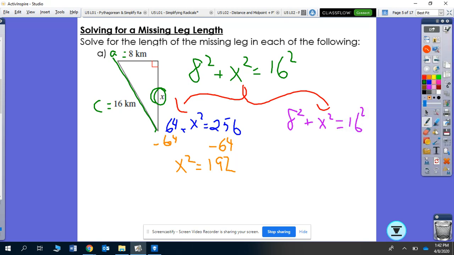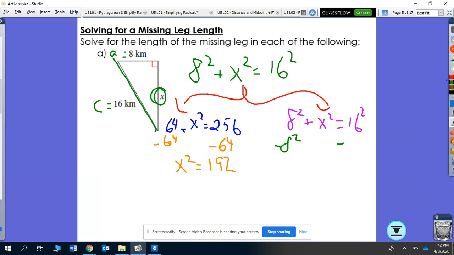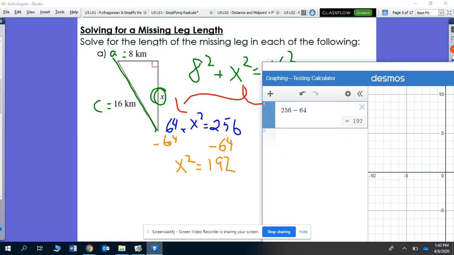We could have subtracted them over in their squared format. The only time that this is dangerous, and hear me carefully, is you do not do 16 minus 8 here. You cannot do 16 minus 8. You have to leave it as 16 squared minus 8 squared.